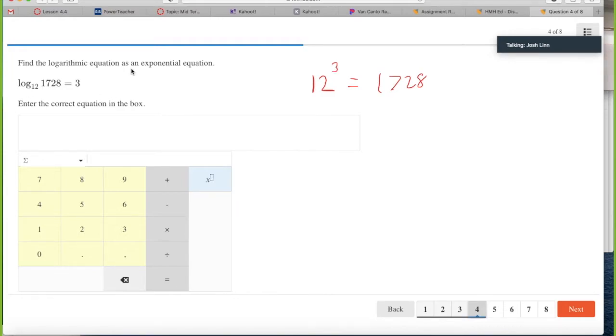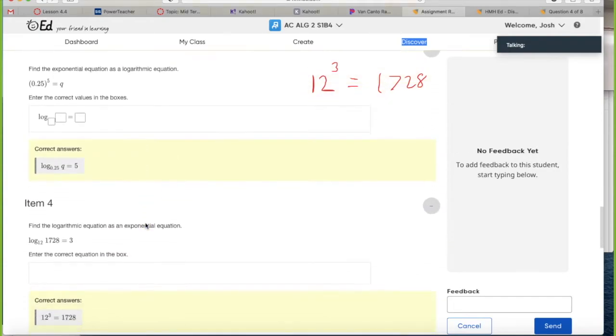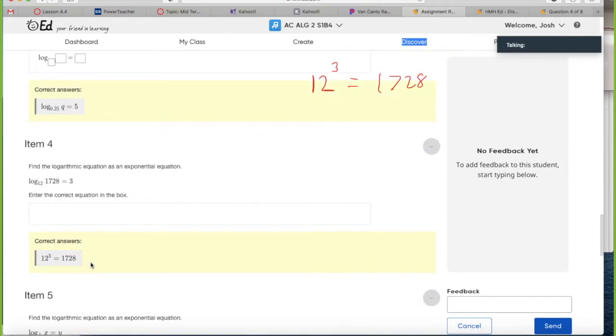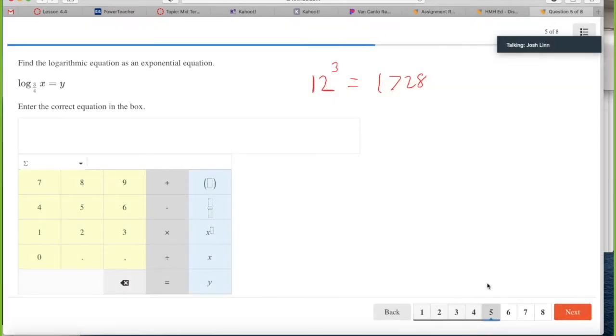Just stick 12 to the power of 3 and make sure that it's true. 12 to the power of 3 equals 1728. Just chugging through these.